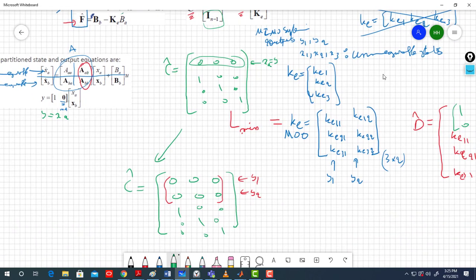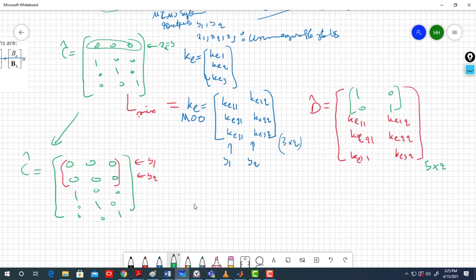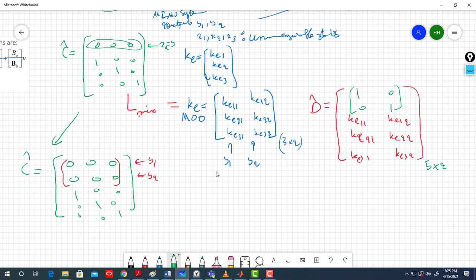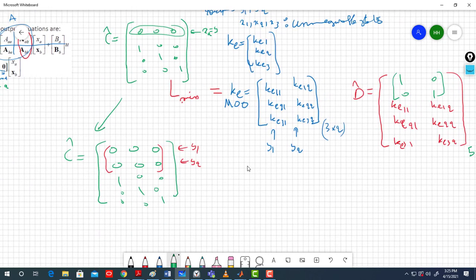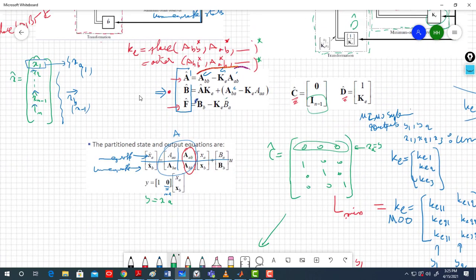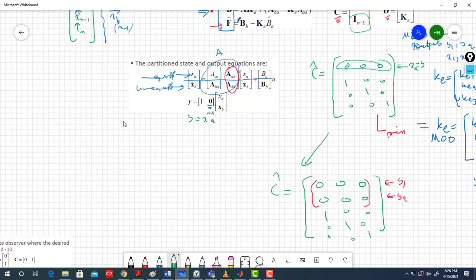I'm giving an example in which I have 3 unmeasurable states and 2 outputs, showing how C hat and D hat look, and how KE for the minimum order observer looks if you have more than one input and more than one output. The minimum order observer deals with the unmeasurable states. That's it. So let's go over exercises now.